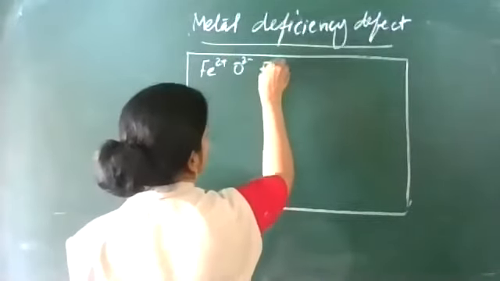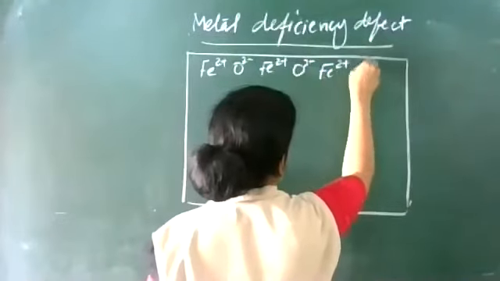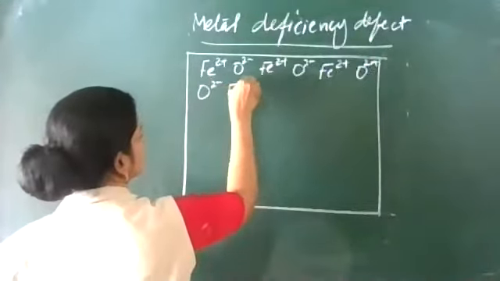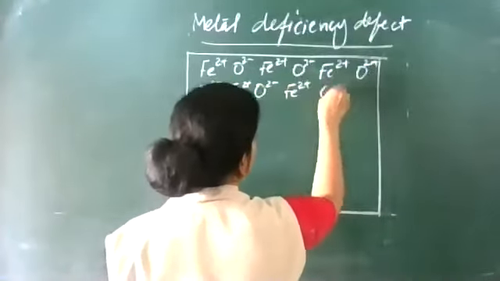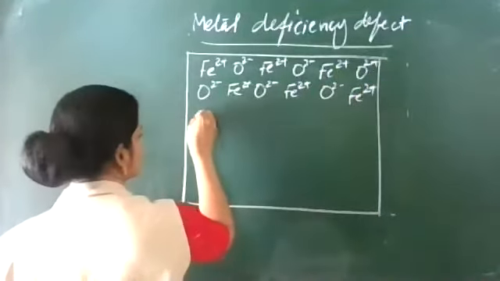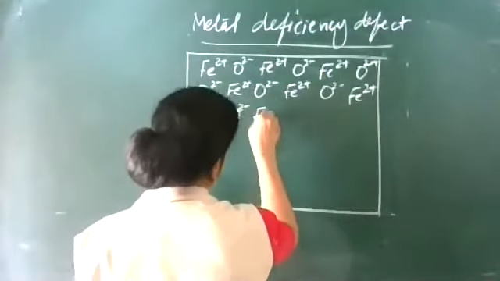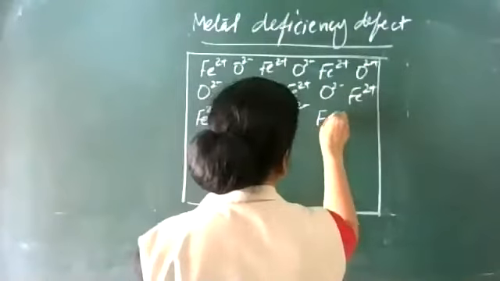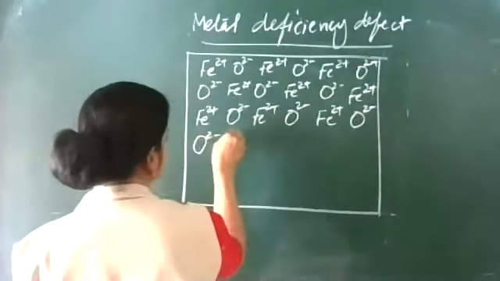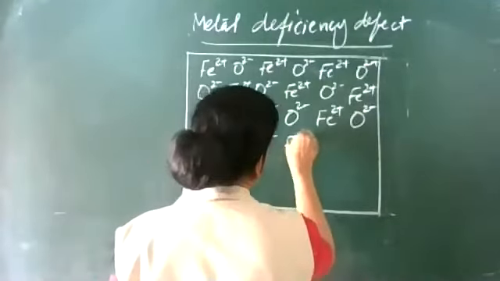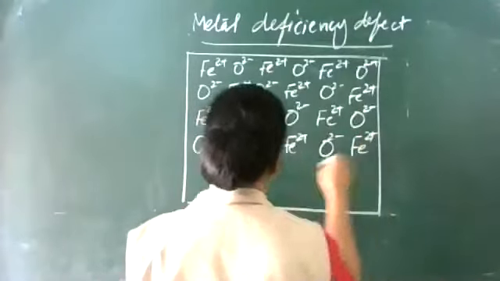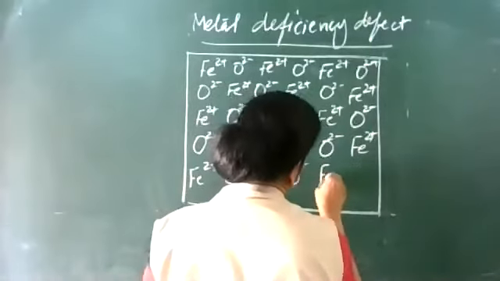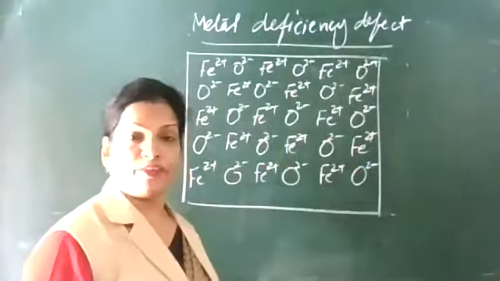Fe2 plus, O2 minus, Fe2 plus. This is the crystal of FeO.